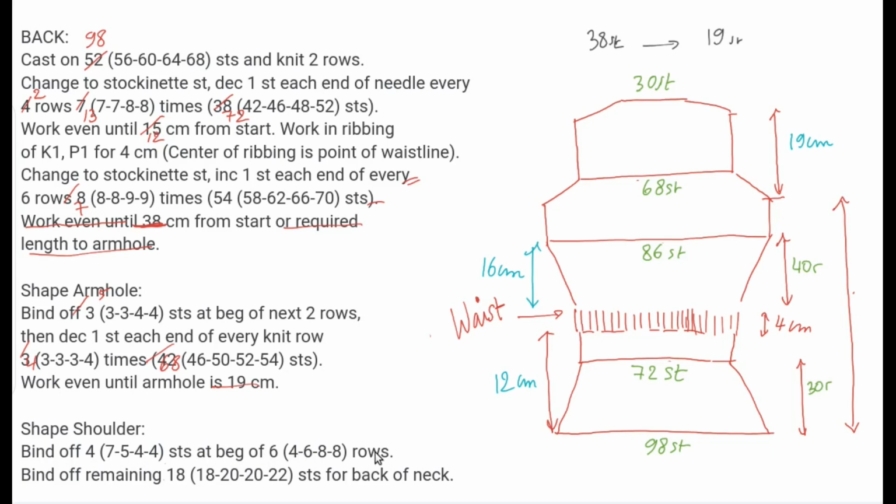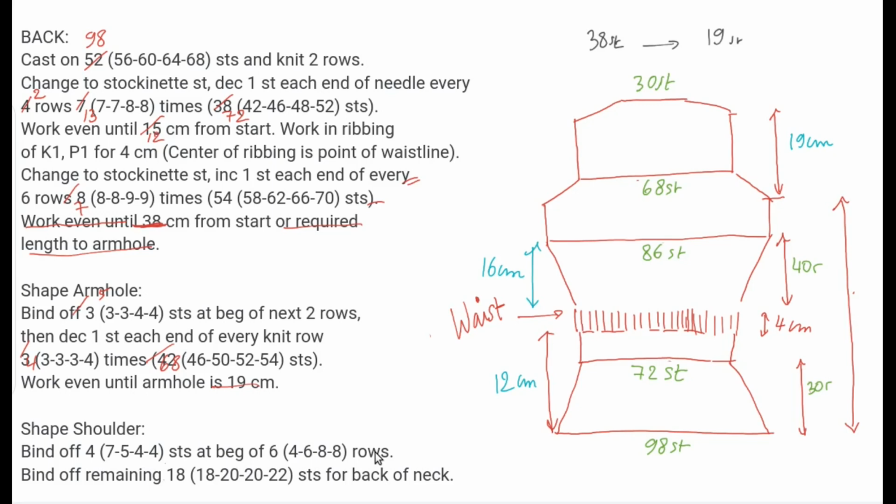So again, you've got to divide that by 2 because there's going to be left side, right side, that's 2. Left side again, right side, that's 4. Left side again, right side, that's 6. So we're talking about 3 bind off events on each side. So my 19 stitches need to be bound off over 3 times.